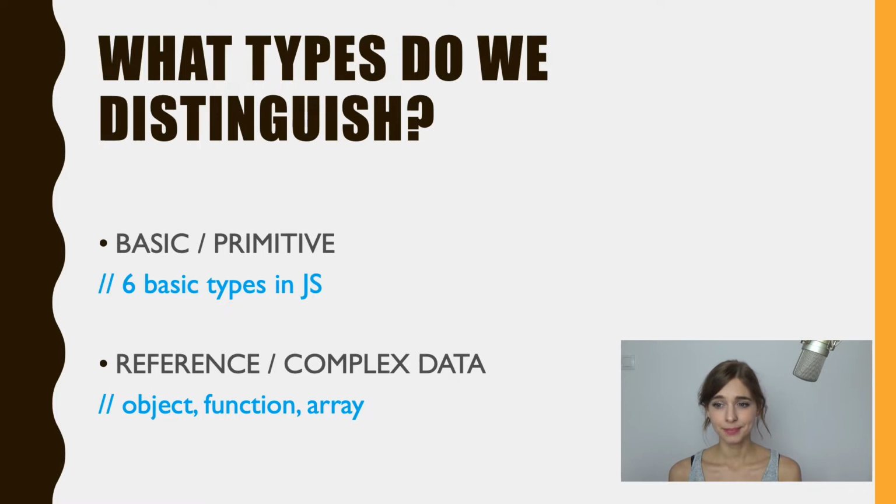At the moment, as of 2020, we have 6 basic data types in JS, and the reference data types are to hold more complex data, in general objects and its subtypes. Functions and arrays are also objects. So we could just say that in general, the reference data types, the non-primitive data types, would hold objects. That's what I need you to remember for the moment.